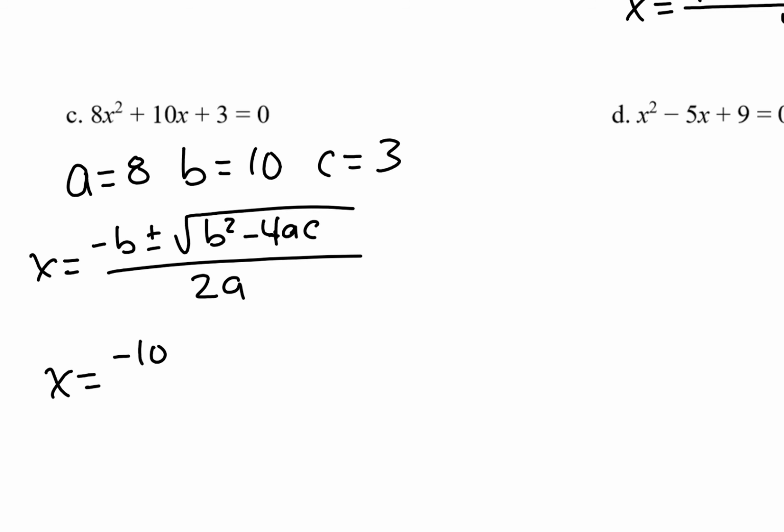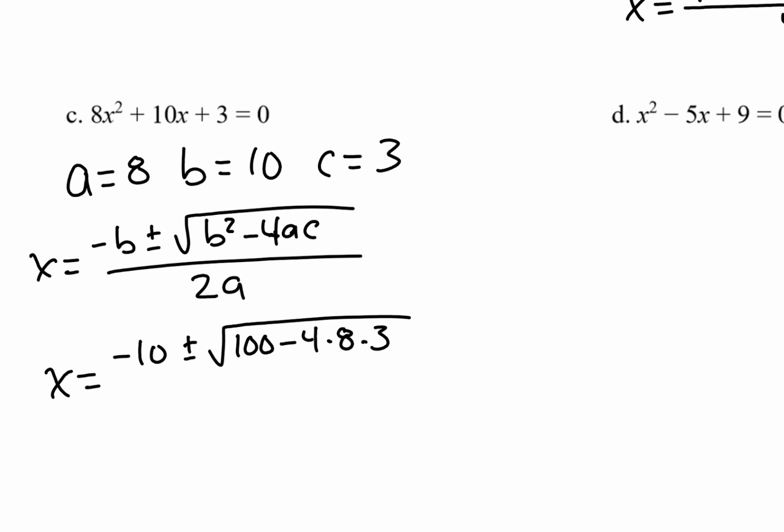So it's negative 10 this time, right? Because this is positive. So negative 10 plus or minus the square root of, I can just do this. 10 squared is 100. And then minus 4 times 8 times 3.